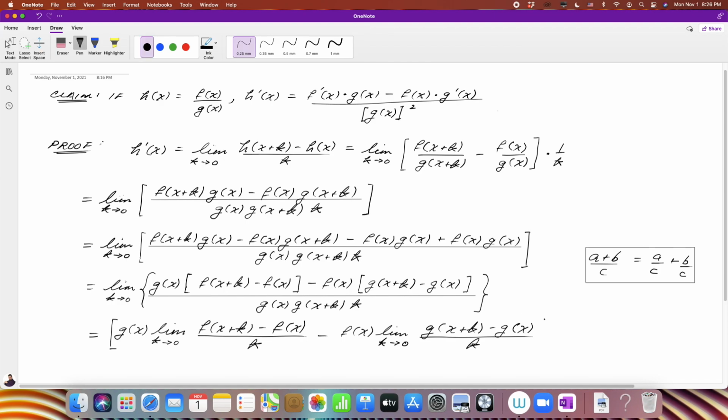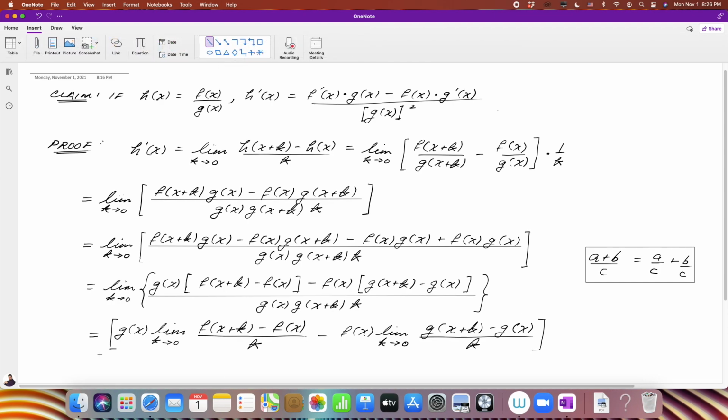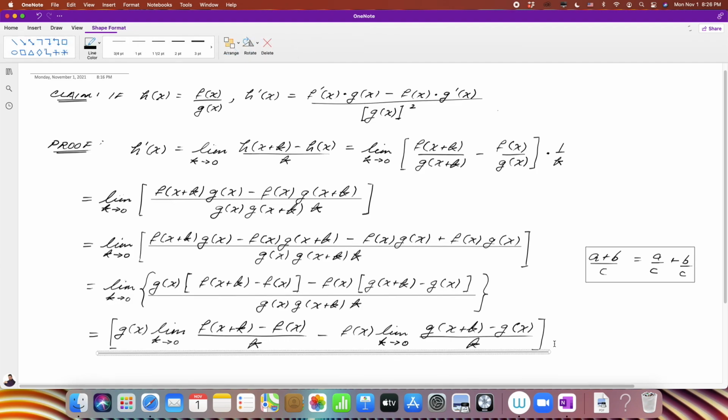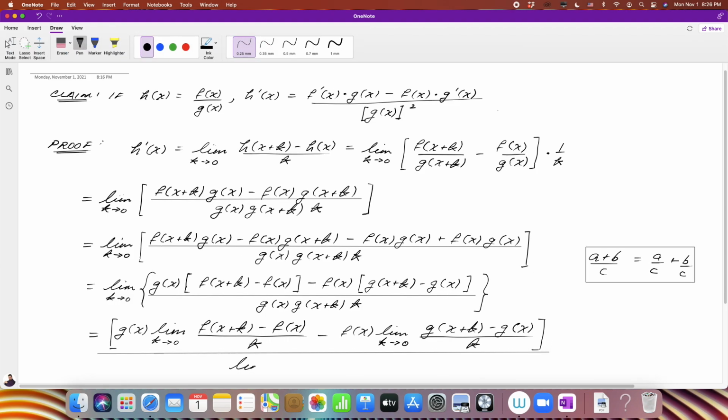So let's make sure we do the following. Okay, limit, k goes to 0. Okay, so it's going to be g of x plus k.